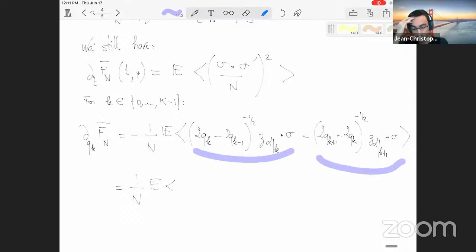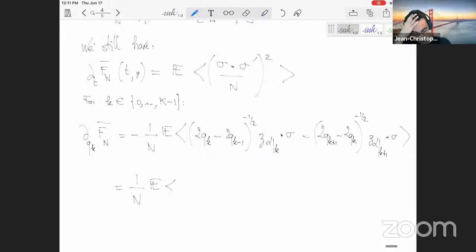So I'm not going to write it. The only thing that remains is the indicator function that alpha restricted to k is equal to alpha prime restricted to k, and then minus the same thing at level k plus 1. All this is against sigma dot sigma prime.